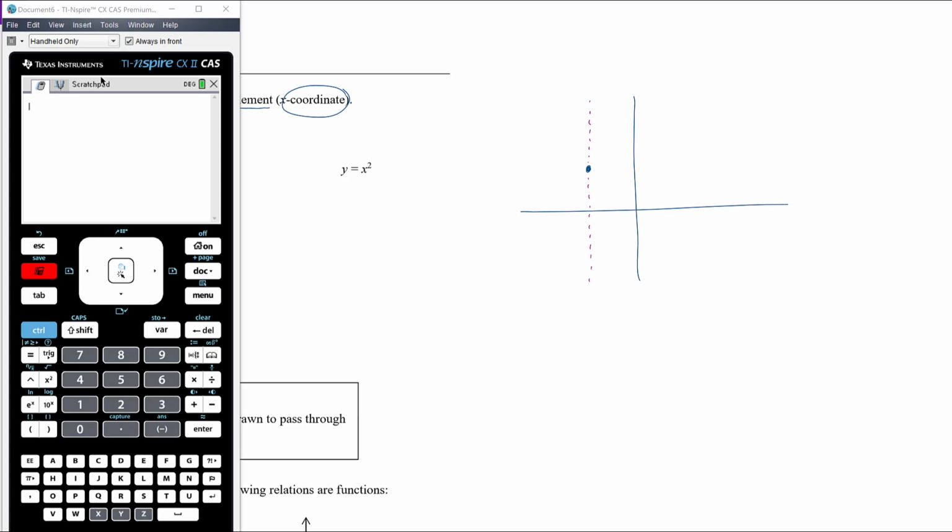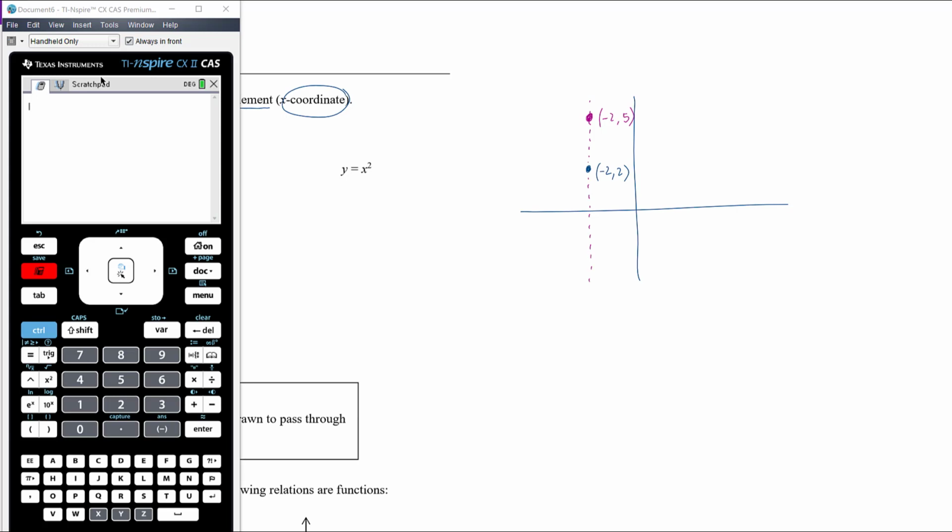So if, for example, this point is (-2, 2), and there's another point up here at (-2, 5), these two points form a relation. It's a set of ordered pairs, but they are not a function, because there are two points in this relation that have the same x coordinate.